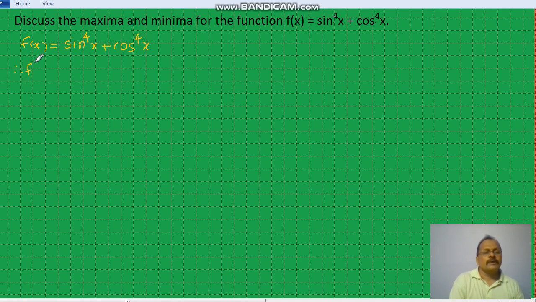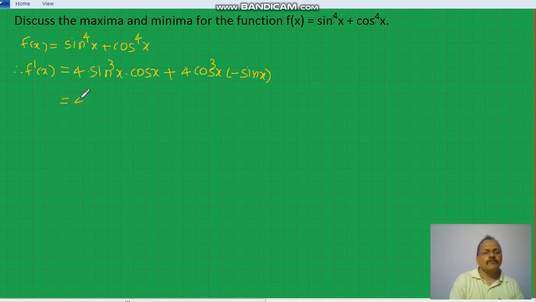Therefore f dash x is equal to 4 into sin cube x into derivative of sin x, which is cos x, plus 4 cos cube x into derivative of cos x, which is minus sin x.